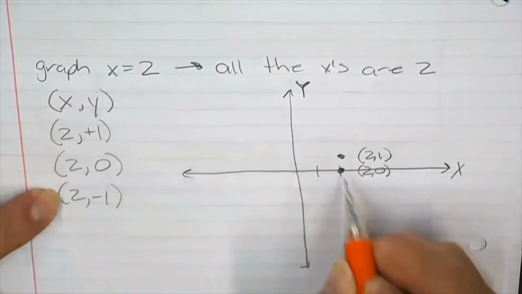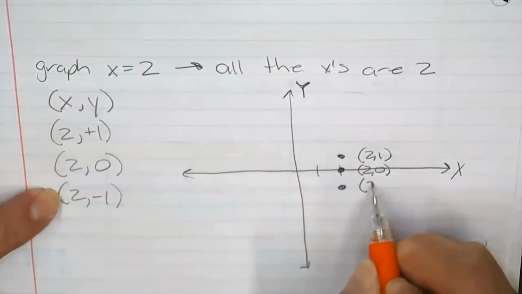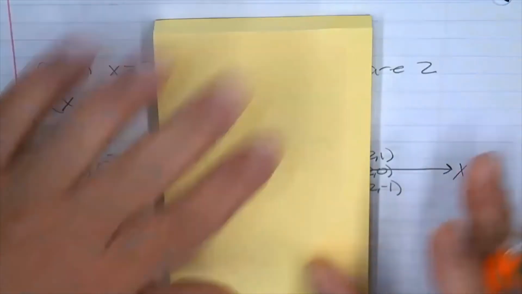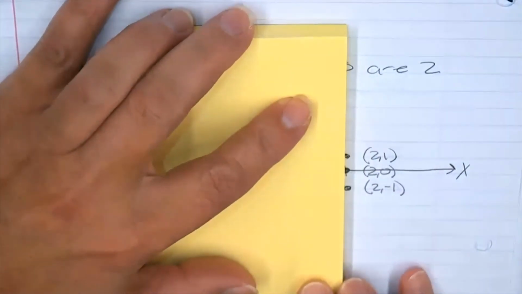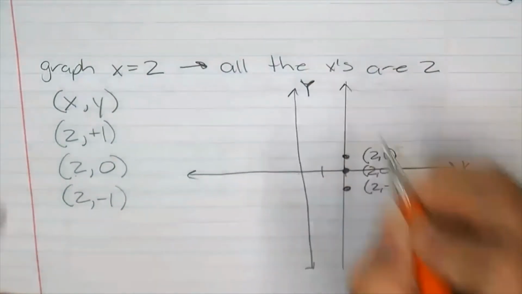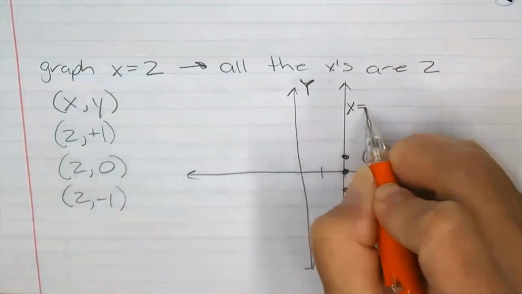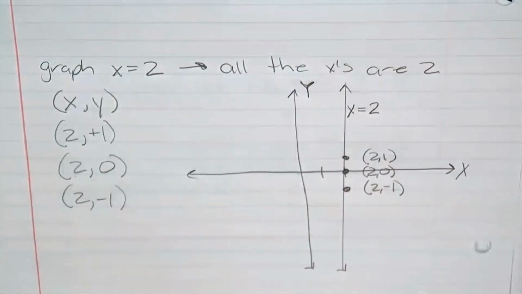And this is +2, -1. So I'm going to use my straight edge and connect these points. And this is the graph for x equals 2.